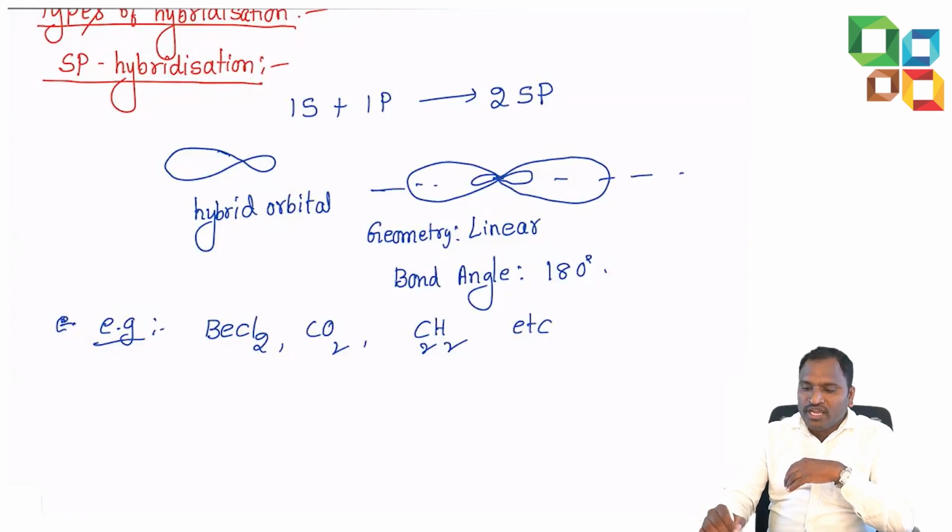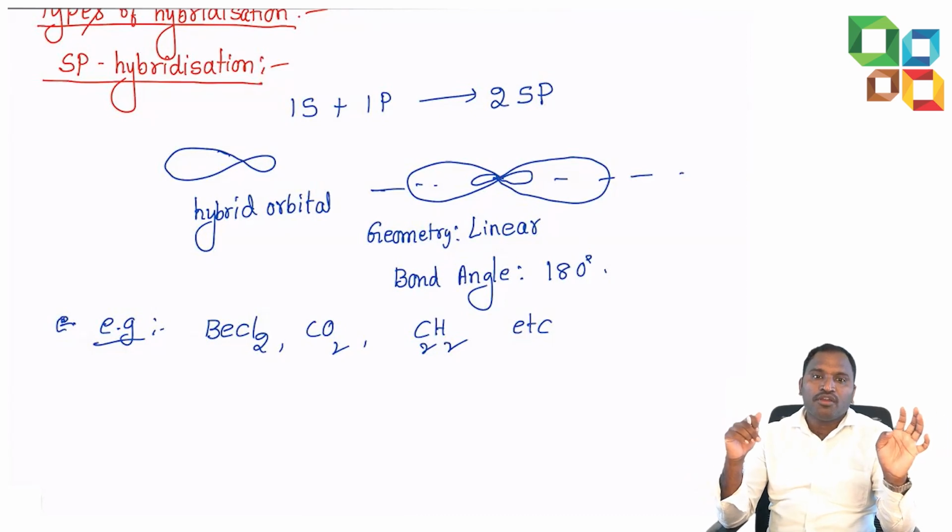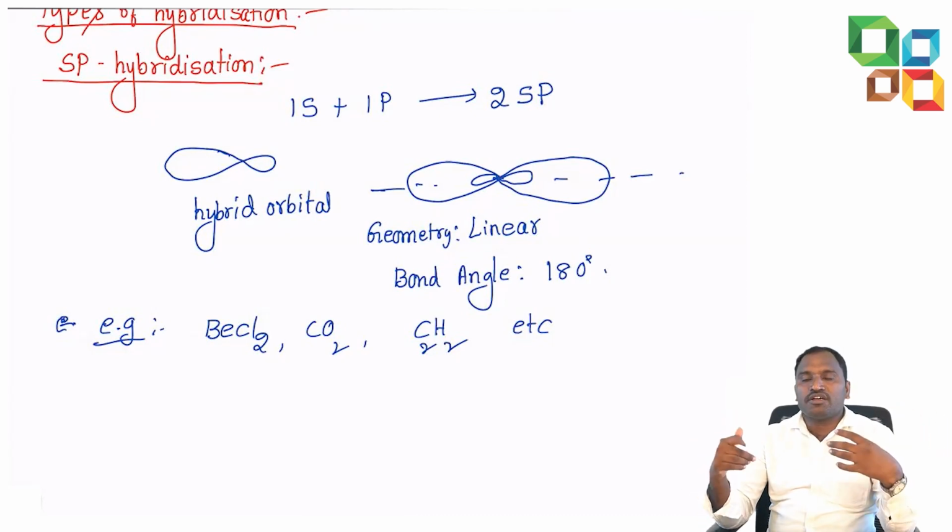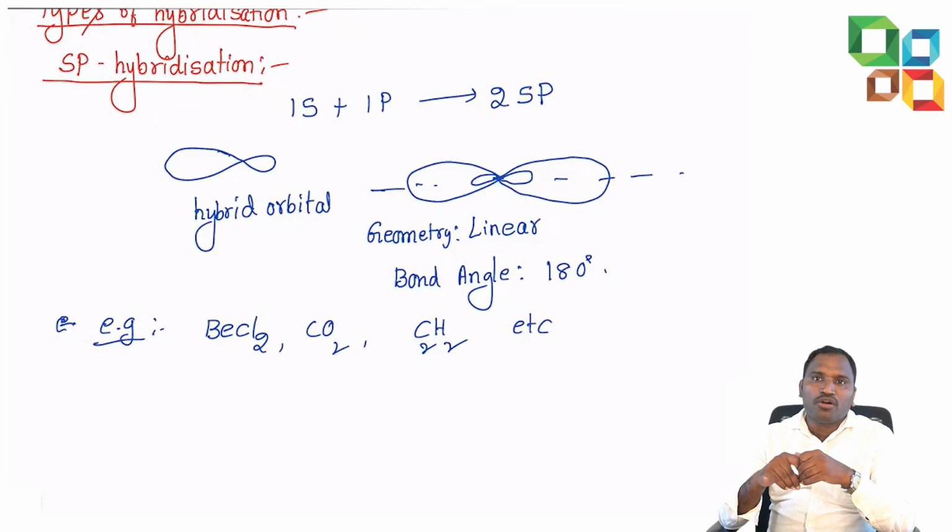If they have identical shapes and identical energy, the overlapping of all the hybrid orbitals will be the same. If overlapping is the same, the strength of the bond is also the same. In that way, the central atom makes all the bonds equally strong.